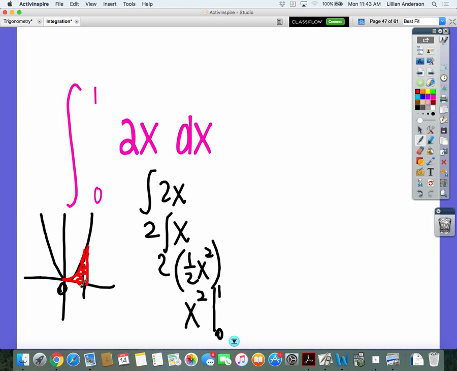So to do that, you take the antiderivative, and then you plug in your top bound, which is 1, and subtract it when you plug in your bottom bound, which is 0. 1 squared minus 0 squared, and 1 minus 0 is 1. So that means the area underneath this particular curve is 1.